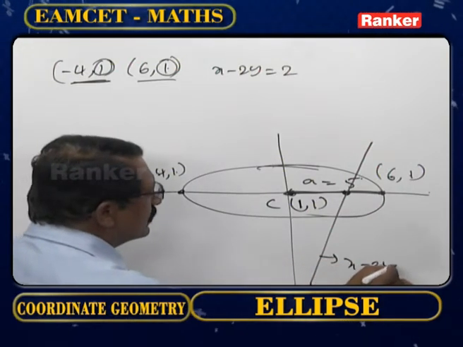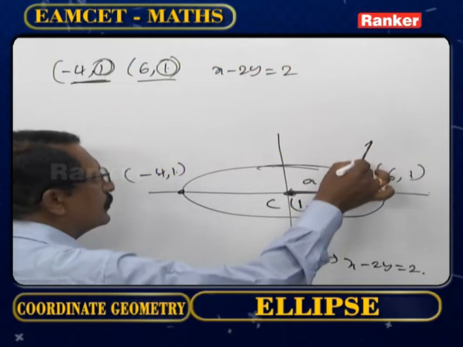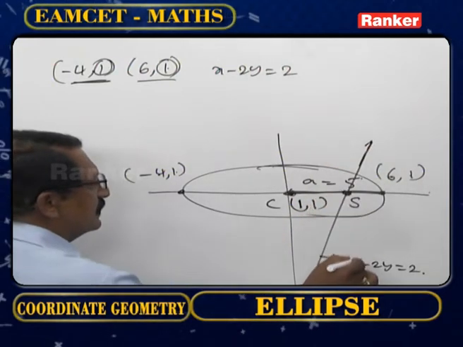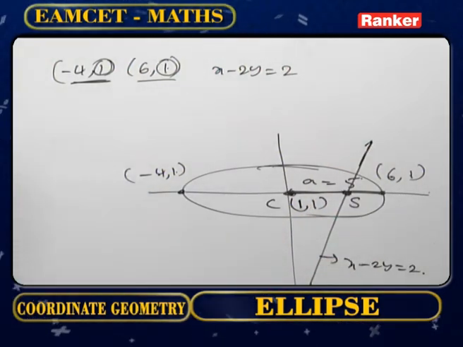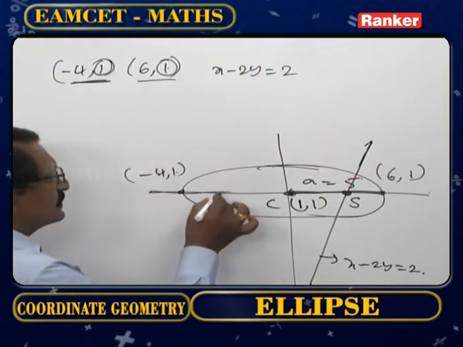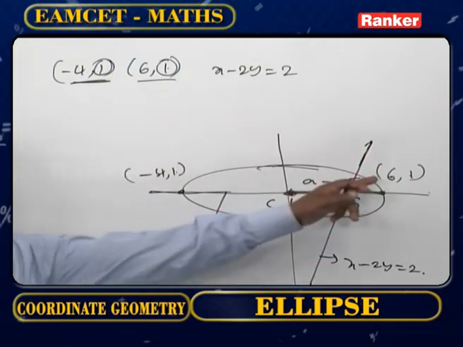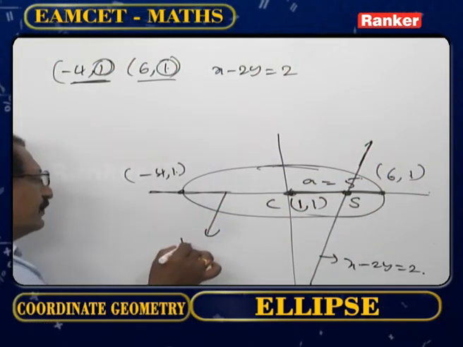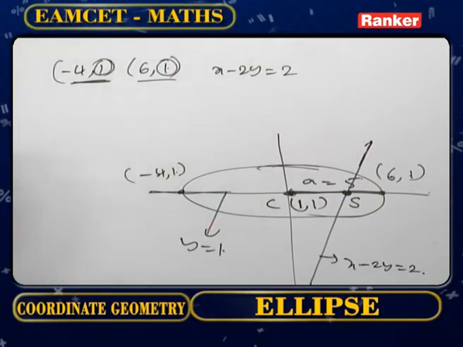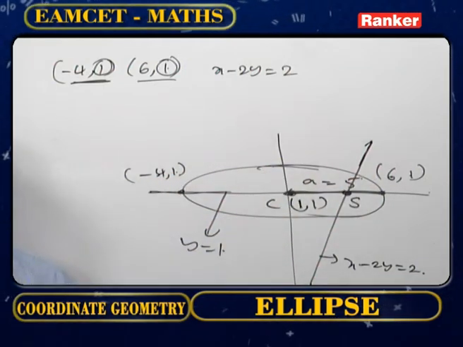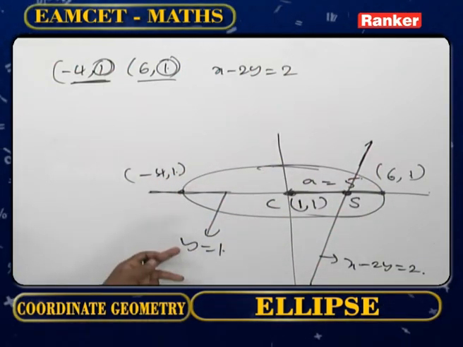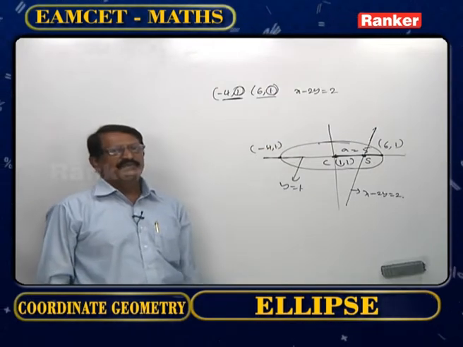Now, one focus lies on the line x minus 2y equals 2. The equation of the major axis, or the line passing through minus 4, 1 and 6, 1, is y equals 1, because when 2 points have equal y coordinates, the equation is y equals the y coordinate of either point.